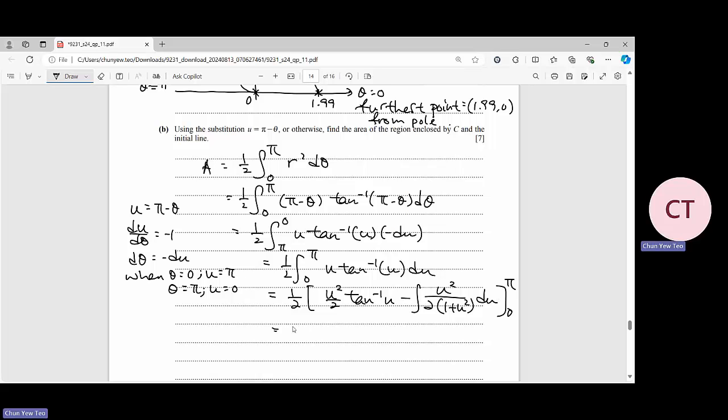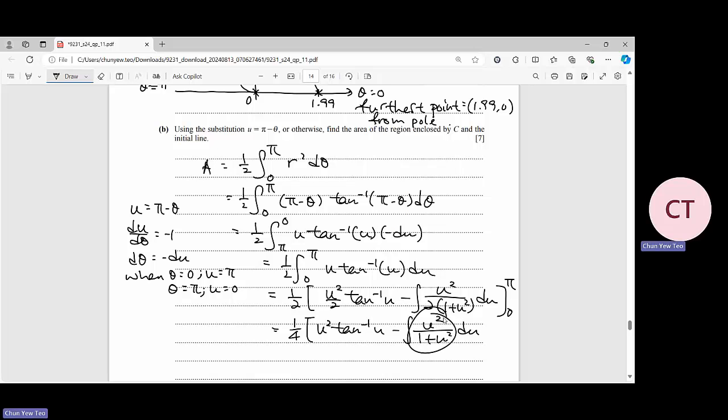So we take the divide by 2 out, then inside you will get u squared arctangent of u minus the integral of u squared over 1 plus u squared du.